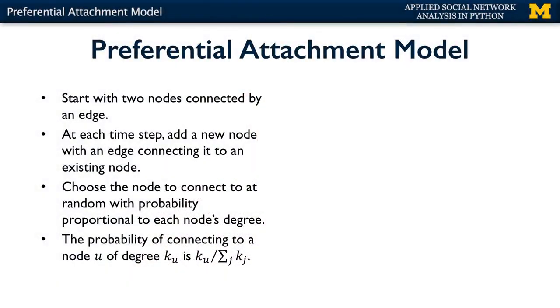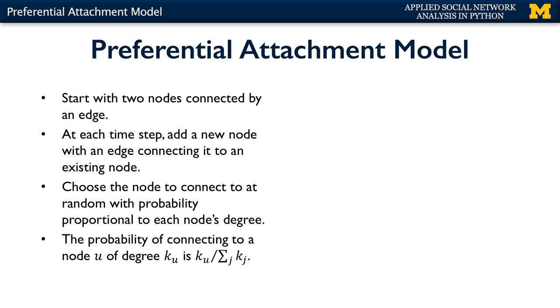The new node is going to choose it at random, but with probability proportional to the node's current degree. So the probability of connecting to a node u that has degree k_u is k_u divided by the sum of the degrees of all the nodes.